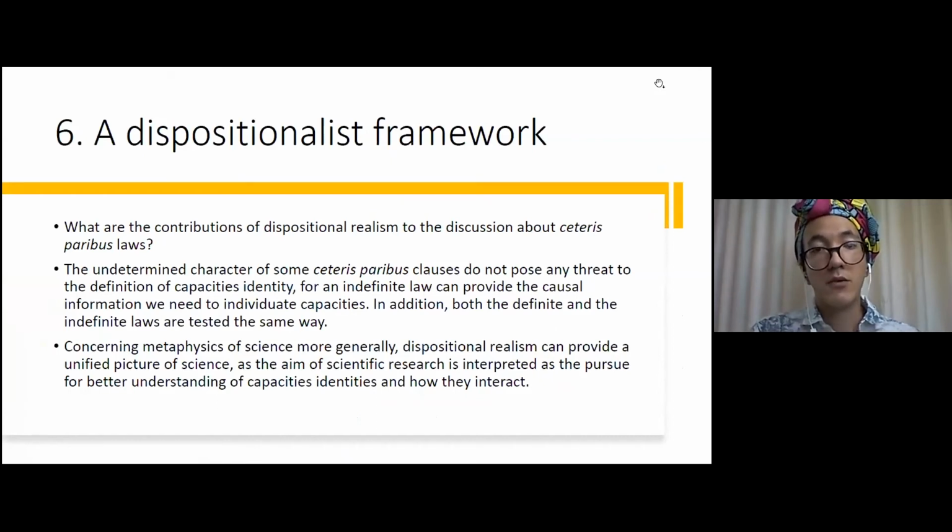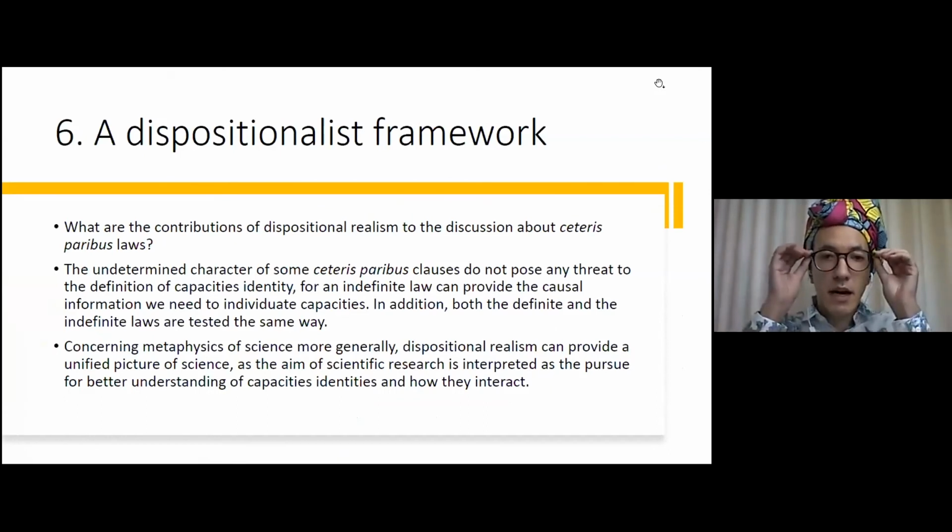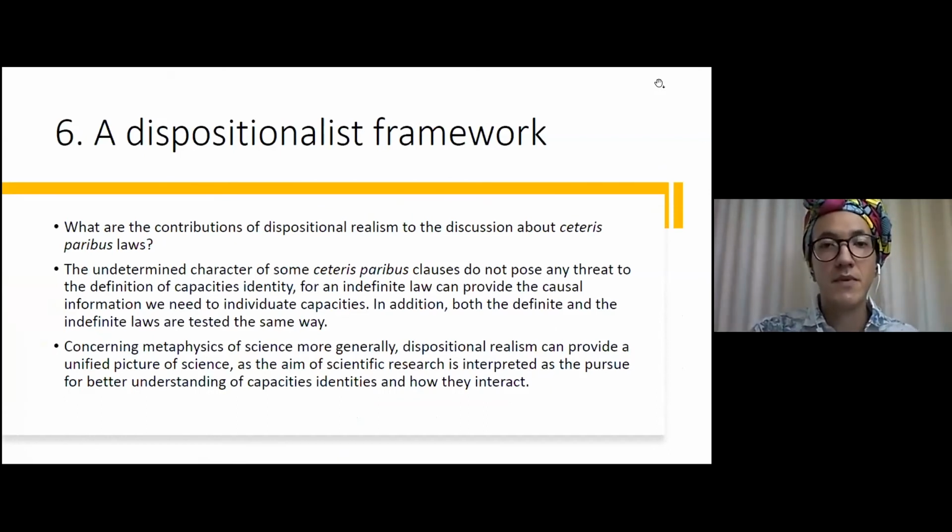Okay, so how can we provide a dispositionalist framework for accounting for comparative and exclusive Catrespirables laws, especially exclusive indefinite laws? What are the contributions of dispositional realism to the discussion about Catrespirables laws?